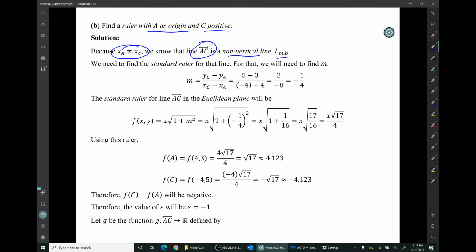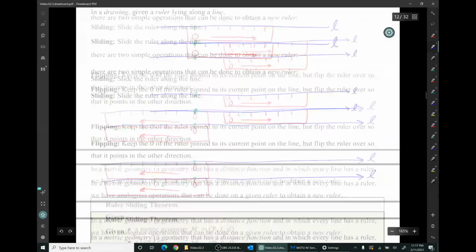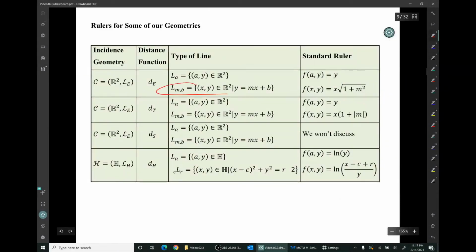Now, to find the standard ruler for that line, what is the formula for the standard ruler for a non-vertical line? For a non-vertical line, the formula for the standard ruler is that f of x, y equals x times the square root of 1 plus m squared. So we need to find the value of m for that line in order to build this standard ruler.